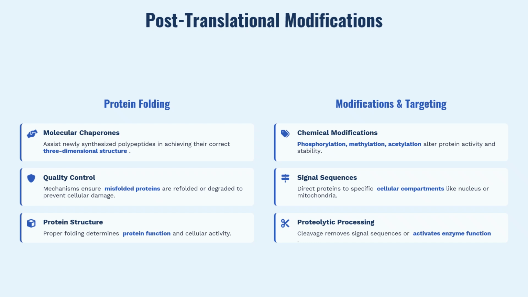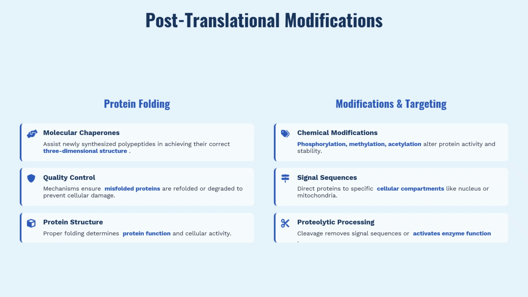Many proteins undergo chemical modifications such as phosphorylation, methylation, acetylation, or glycosylation that can alter their activity, stability, or interactions. Signal sequences in proteins direct them to specific cellular compartments such as the nucleus, mitochondria, or endoplasmic reticulum. Some proteins are processed by proteolytic cleavage to remove signal sequences or activate enzyme function.